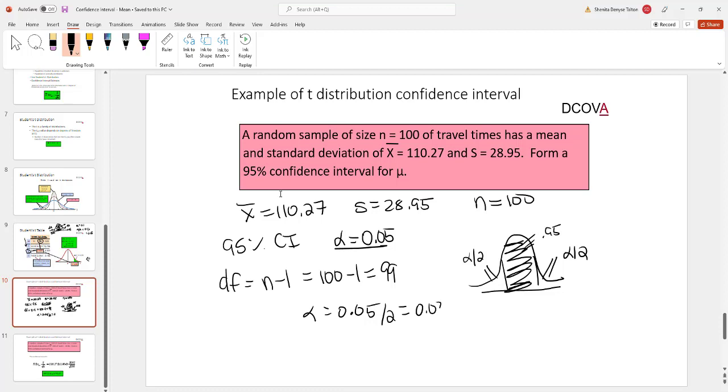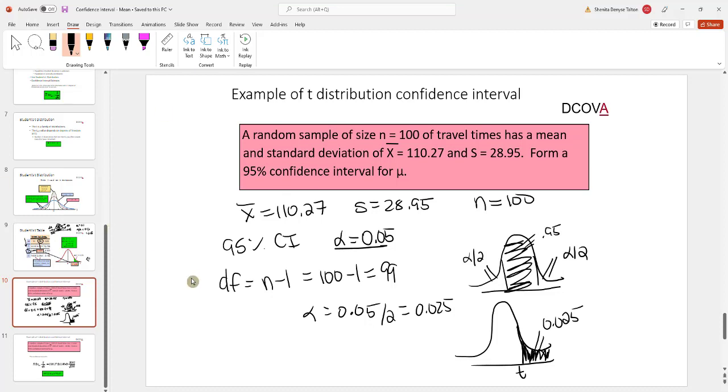When we divide it by 2, I get 0.025. So basically, I need to figure out the critical value that correlates to this upper area of 0.025. I need to figure out what that t-value is.